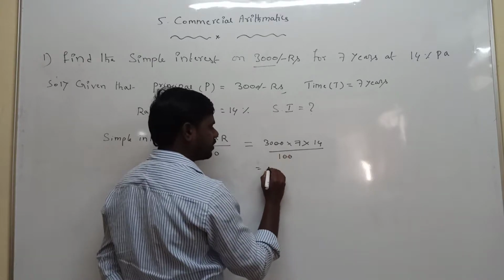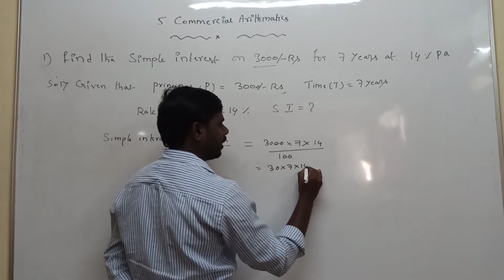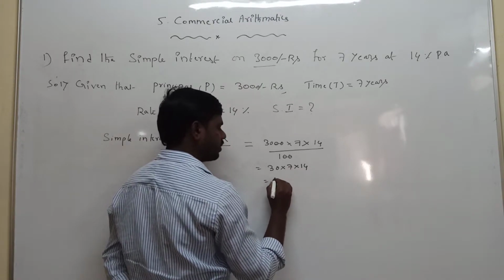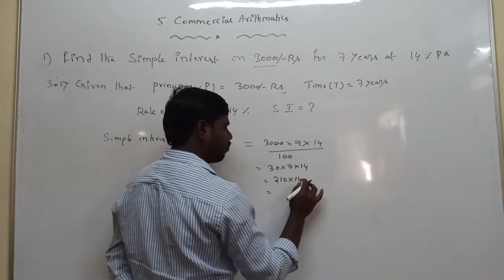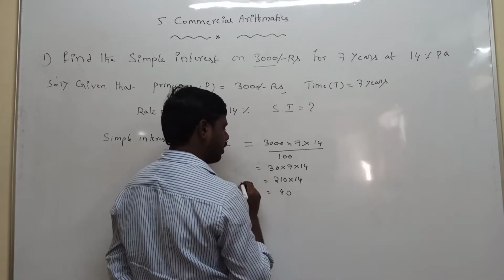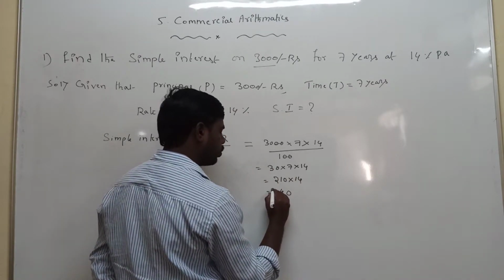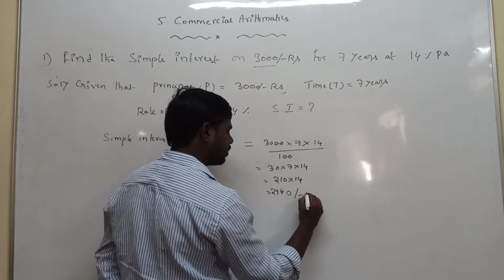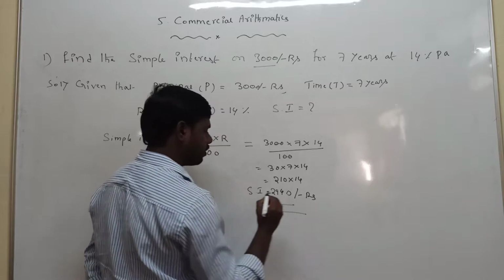What is left? 30 into 7 into 14. 30 into 7 is 210, into 14. 14 into 0 is 0. 14 into 1 is 14, remaining 1. 14 into 2 is 28, plus 1 is 29. So 2940 rupees. This is the simple interest for 7 years.